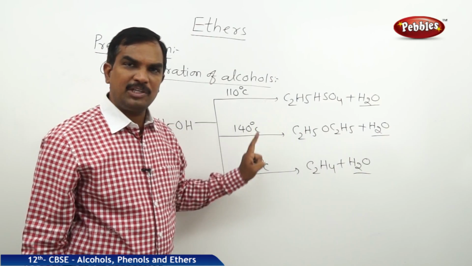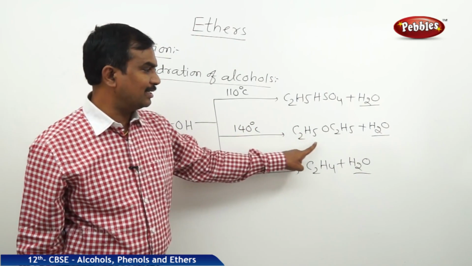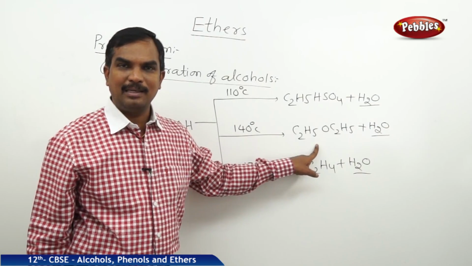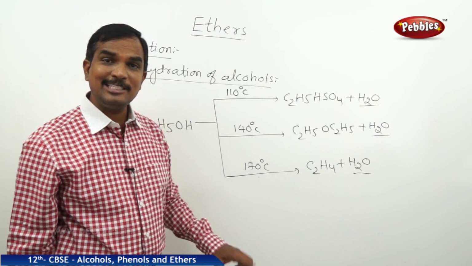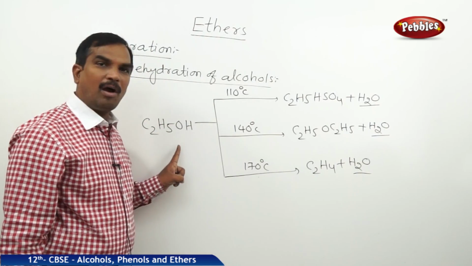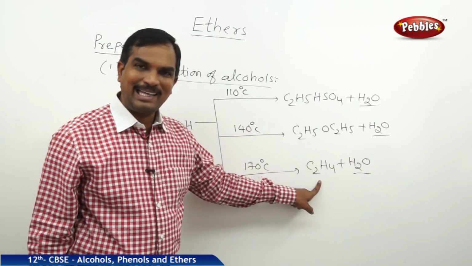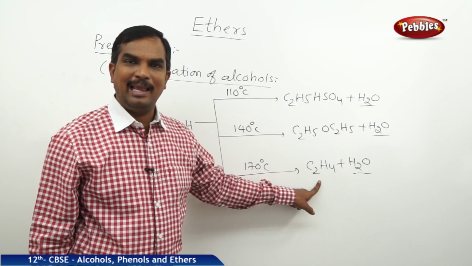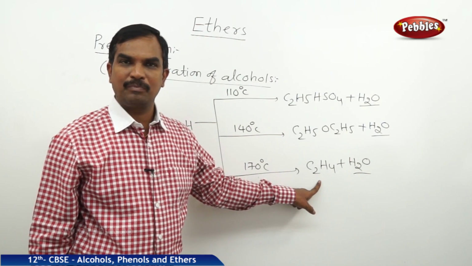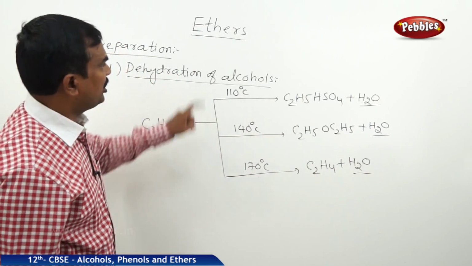If we increase the temperature to 140 degrees Celsius, we will get the corresponding ether, in this case diethyl ether. If we increase further, the alcohol loses a water molecule to give the corresponding alkene. In this case the alkene formed is ethylene or ethene. So actually we need the preparation of the ethers.